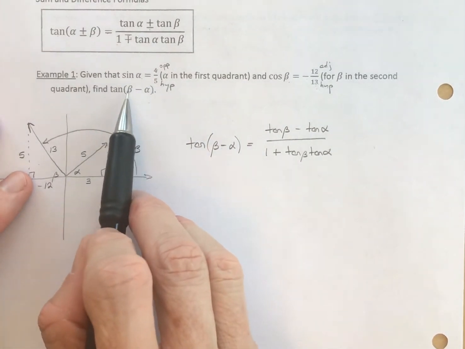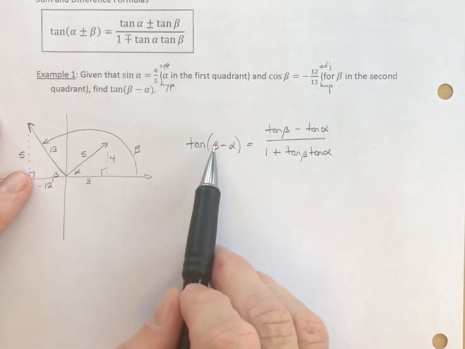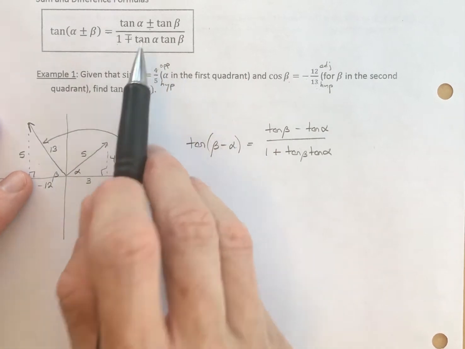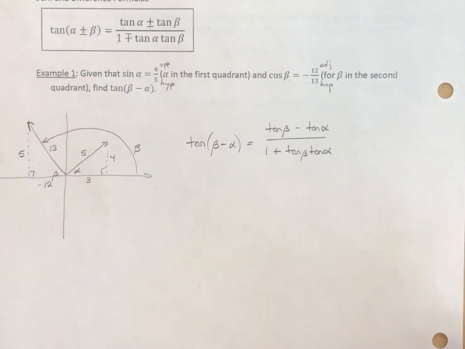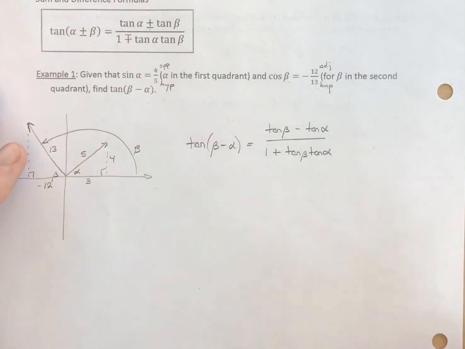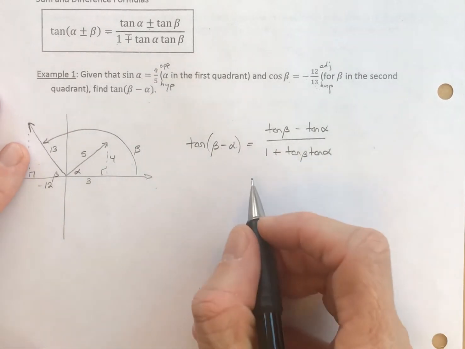So I switched these up on you. So beta becomes alpha, alpha becomes beta in our formula. Just be aware of that. They're all just letters. They don't have any meaning until you attach meaning to them.